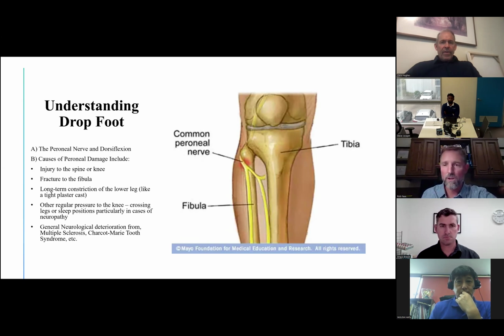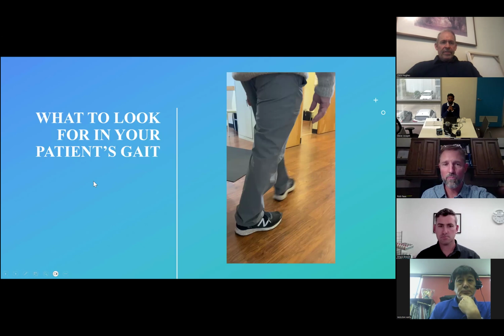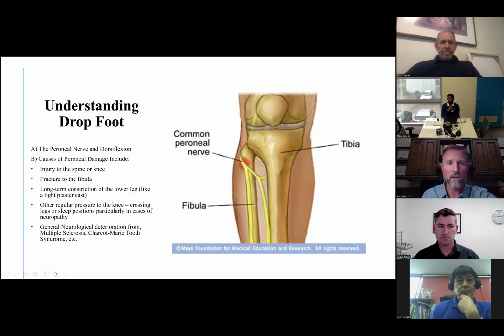It also often happens in lumbar spine injuries, where the radicular pathway for the common peroneal nerve or for the anterior musculature is injured, either with disc disease, trauma, or otherwise. The common peroneal nerve can also be injured in fractures of the fibula, and sometimes by compression.